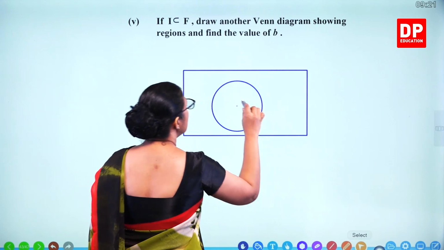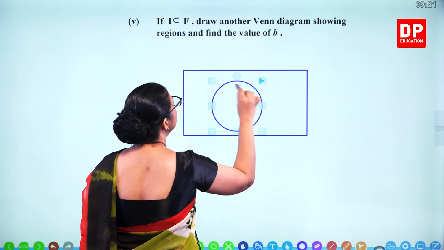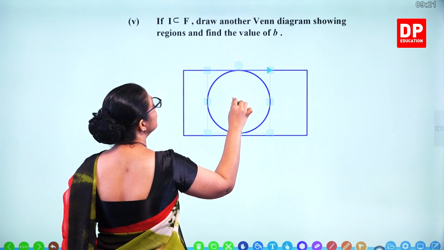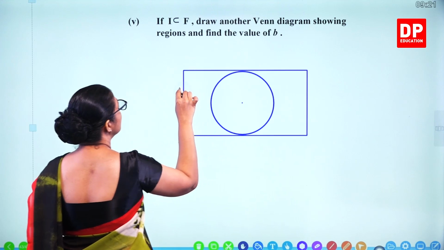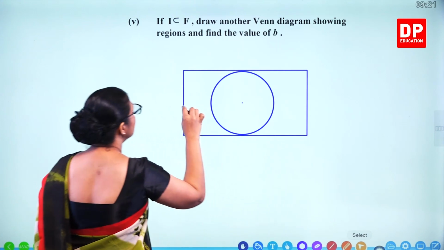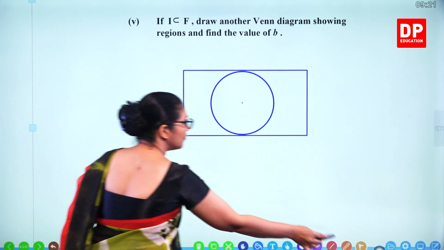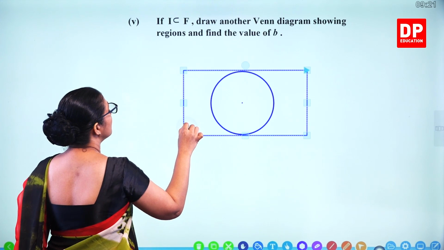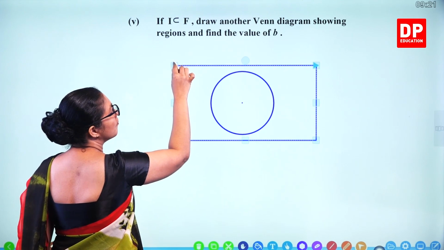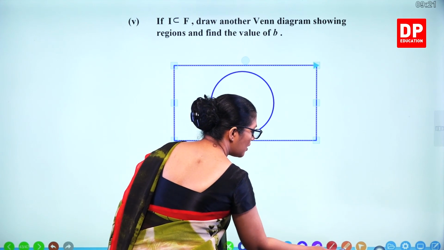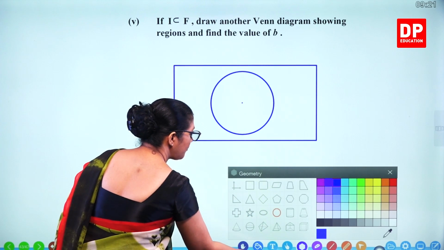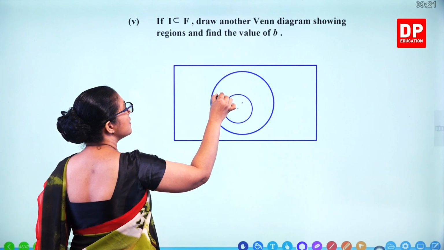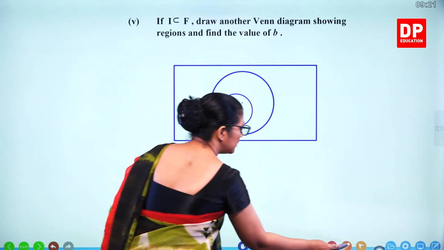So I'll make it bigger. And I need to draw a small circle again. That's inside.